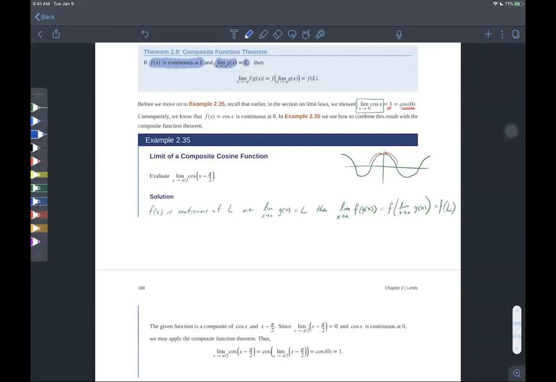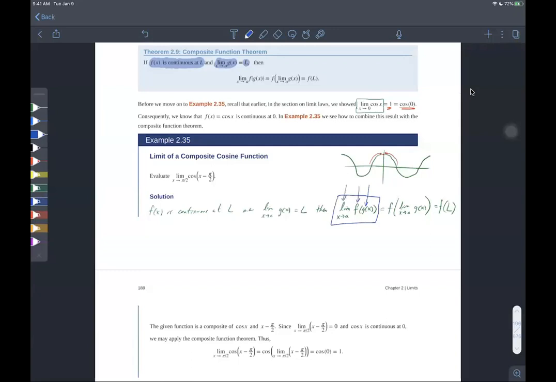Okay, so let's try to now see this applied to the problem. So what is our function f? The limit that we want to compute is the limit as x approaches pi over 2. This composite function theorem helps us compute the limit of a composite function, right? There is a function f that's being applied to another function g of x, and we're trying to find the limit of that.